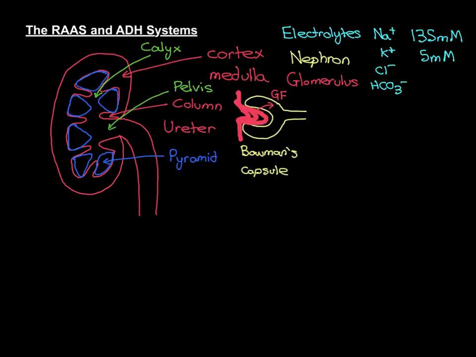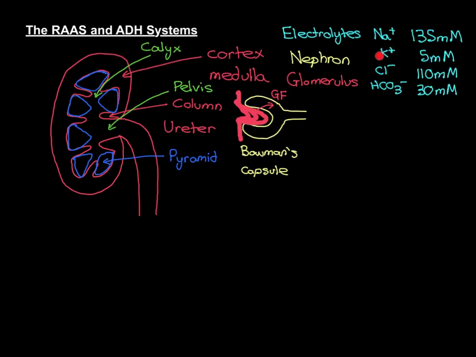So potassium has a concentration of roughly about 5 millimolar. Chloride has a concentration of roughly around 110 millimolar, and bicarbonate will give that roughly a concentration of around 30 millimolar. These numbers are approximately right, but I've chosen these values to use because, as you can see, it makes it work perfectly.